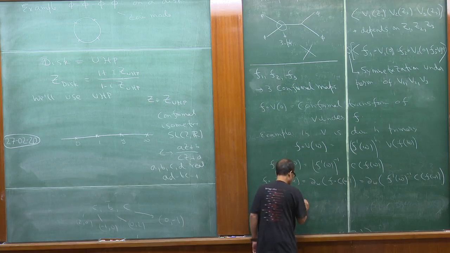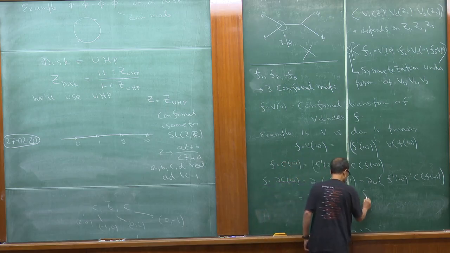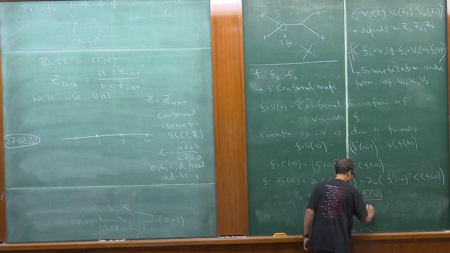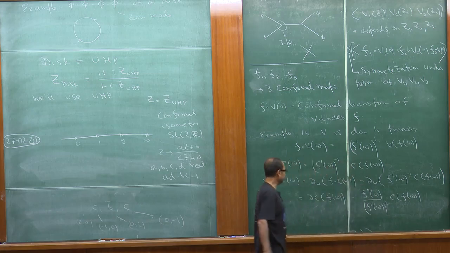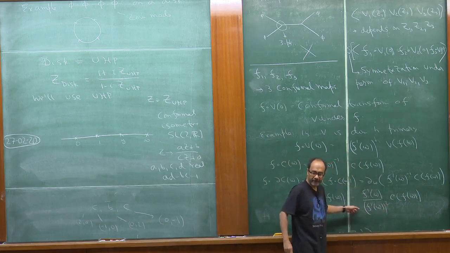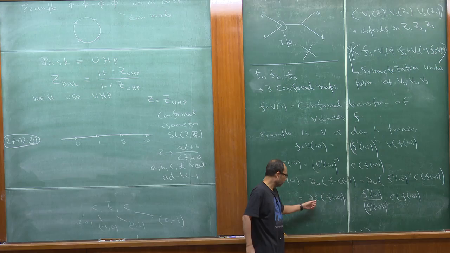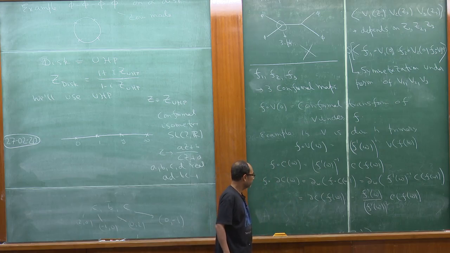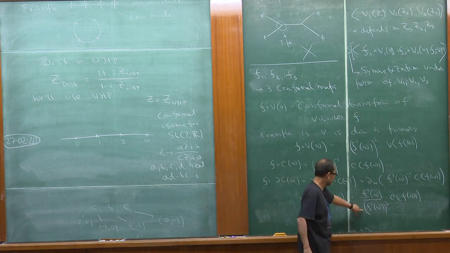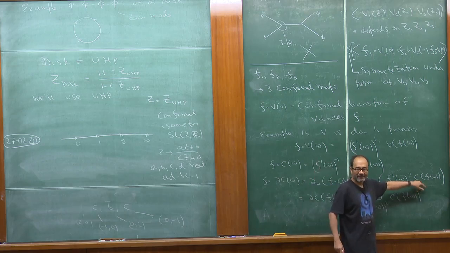And this you can work out: this is del c of f of w minus f double prime of w over f prime of w squared times c of f of w. This shows that it is not a primary, the additional transformation law. This part reflects that it is dimension 0 because there is no f prime of w.